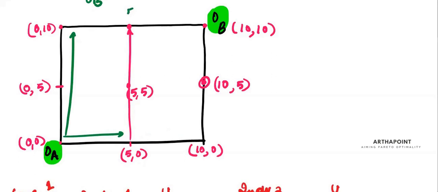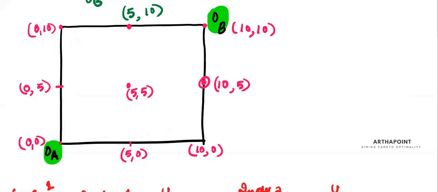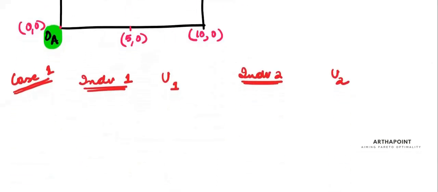So this point is 5, 10. So I'm taking some reference points. Doesn't mean you cannot take other points. These are just some of the points. All these points that I have taken are from the point of view of individual 1. These are individual 1's reference points. Please understand, not individual 2's reference points. I haven't done anything for individual 2 yet.